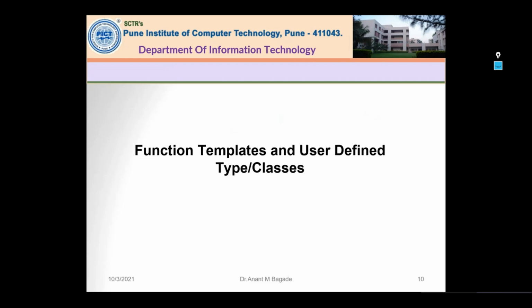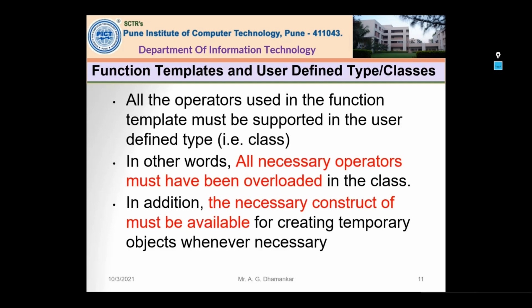What will happen if such kind of things are introduced into the function templates? Function templates and user-defined types. Now the things will be complex here, and need to be handled very carefully if the same function is encountered when it will be working on user-defined types, meaning objects.